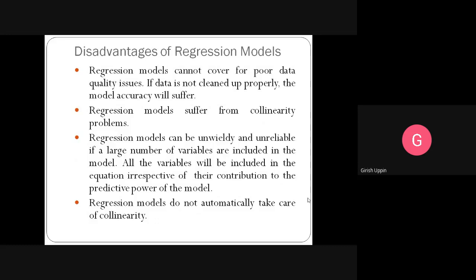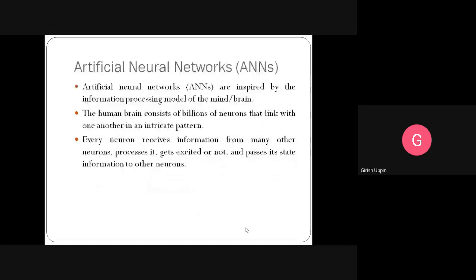If you include them, definitely they will have some coefficient, and they will alter the predicted value, which will lead towards inaccuracy. Regression models do not automatically take care of the collinearity. So as I told you, the collinearity has to be taken care of by the data scientist. Next is the artificial neural network.